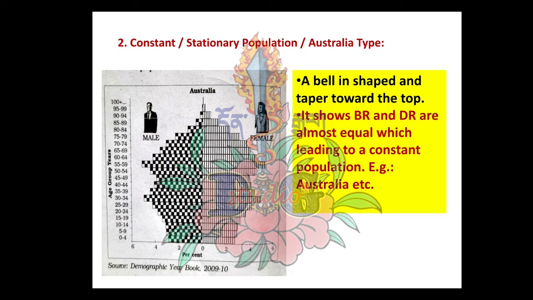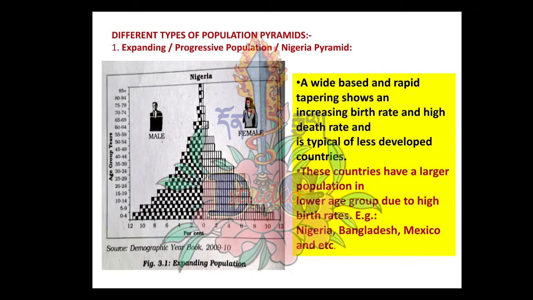If you look at the diagram, it is somewhat like a bell in shape and tapered. It is not rapid tapering; it tapers slowly towards the top. So if we compare this diagram with the earlier one, we will see lots of differences.